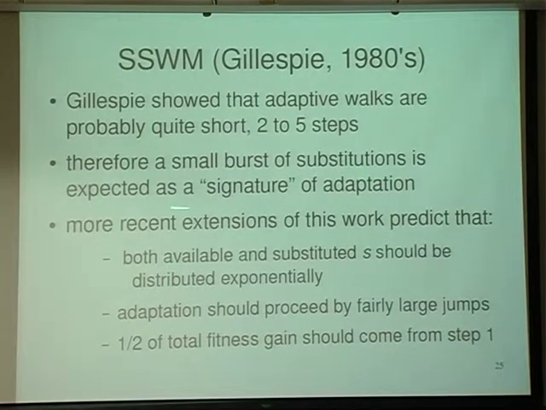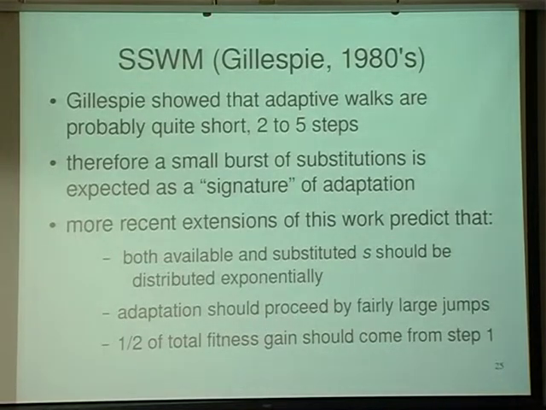So we might expect bursts of substitutions to be a signature of adaptation. That is, the environment changes, the population takes 2 or 5 steps to climb back up to the peak. Then it sits there and only has deleterious mutations to purge for a while. But then if the environment changes again, we might see another little burst.